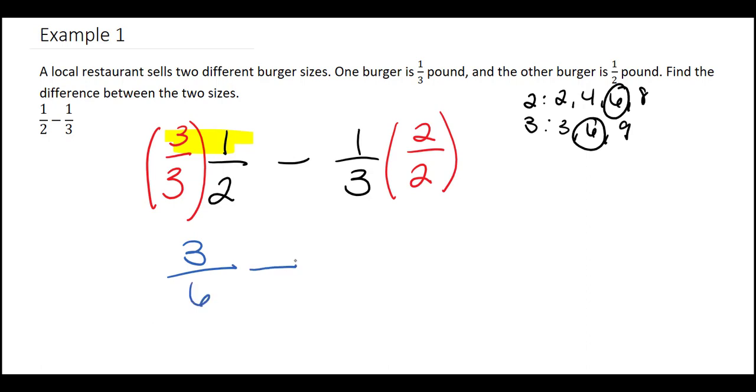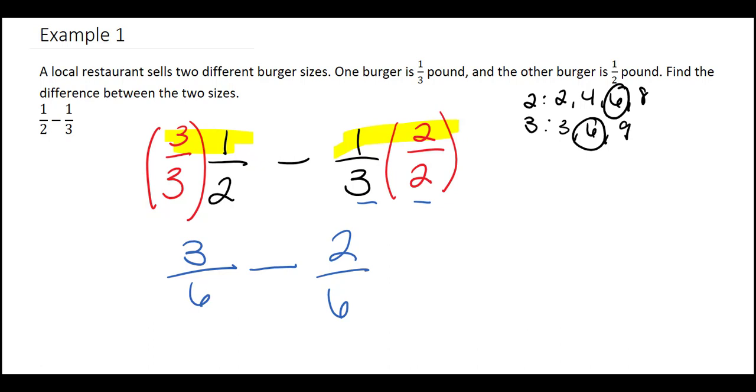And we subtract: 1 times 2 is 2, 3 times 2 is 6. So 3 over 6 is still 1/2, which is why we can multiply it by 3 over 3. And this 1/3 is still the same as 2/6. It's just a different way to represent it.